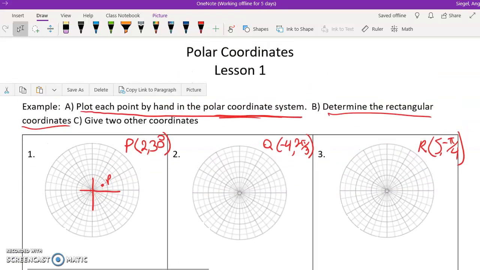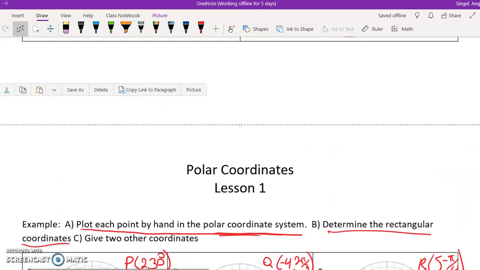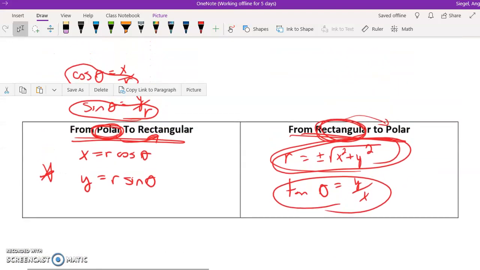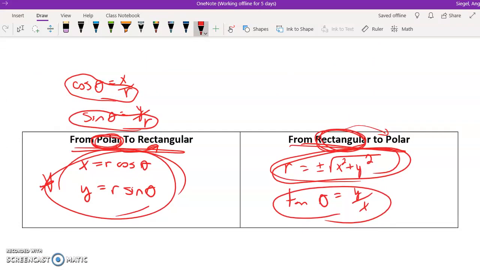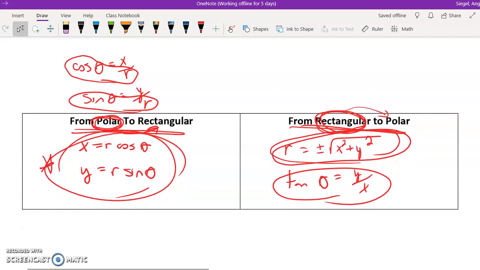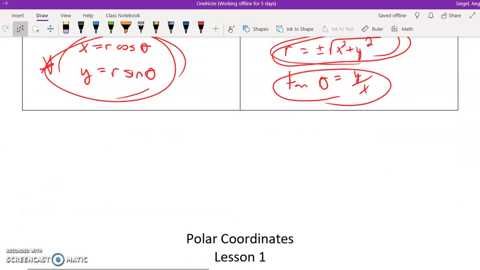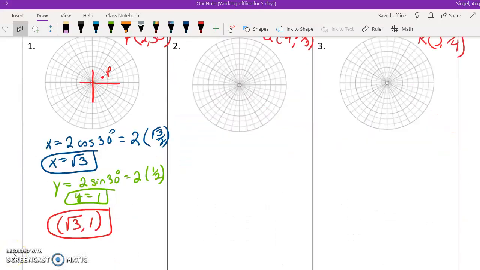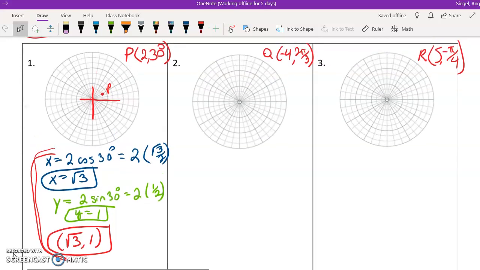When you're going from polar to regular, we're going to use these formulas here. So go ahead and plug in those formulas and see what you get. Okay, so I showed my work here. And again, this shouldn't be anything too new. This is just algebra.